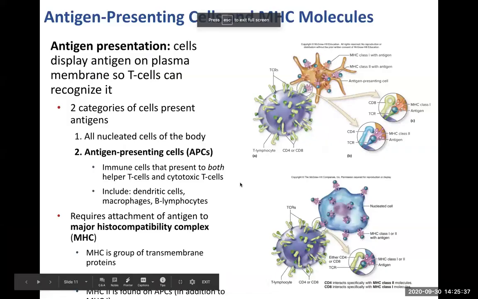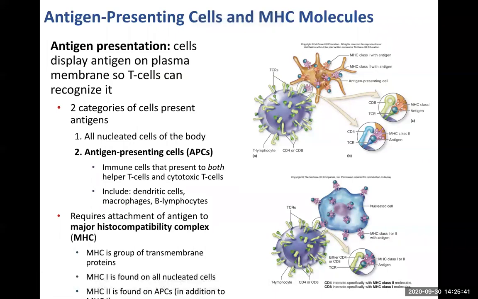Again, professional antigen presenting cells. These cells specifically are B cells, macrophages, and dendritic cells. And these cells present antigen in the context of a molecule called MHC2. MHC2 is the way in which CD4 positive T helper cells recognize antigen. So I'll say that again.